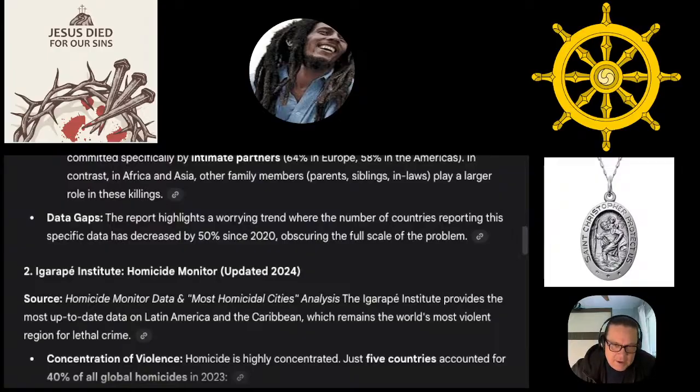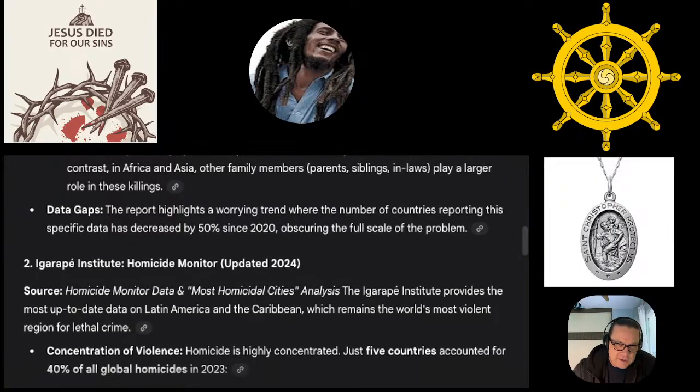Why is that worrying? I interpret this sentence as saying that countries are lying about their femicide rates since 2020, because they don't believe there's been a 50% decline in femicides. So there is an incredibly large margin of error in the actual femicides, which in a way means we could throw this whole paper in the garbage because we're not getting the complete information. But we're going to deal with the information that we get.